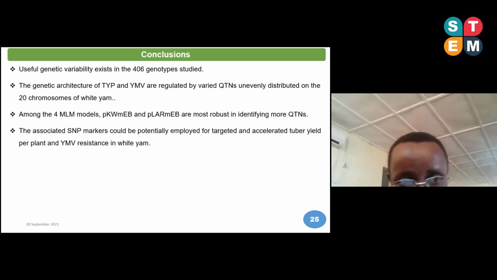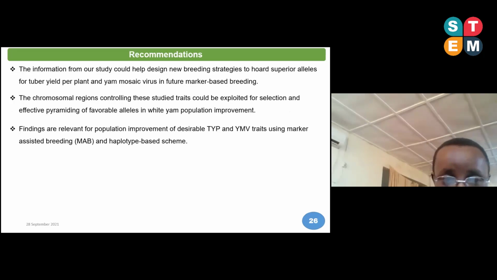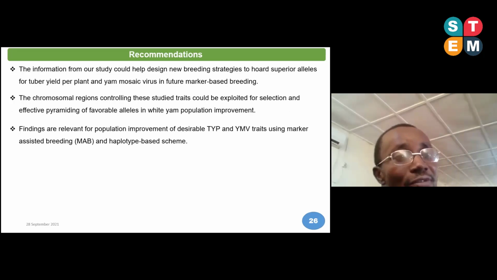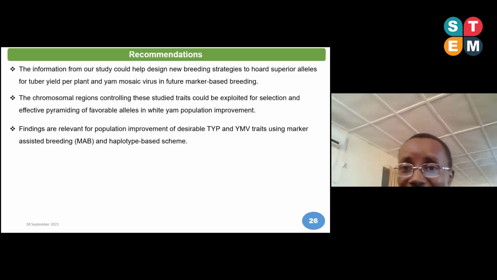And then also these SNP markers could be potentially employed for targeted selection of tuber yield per plant and yam mosaic virus resistance in white yam. Now, the information from our study could help design new breeding strategies to forward superior alleles for tuber yield per plant and yam mosaic virus in future marker-based breeding.